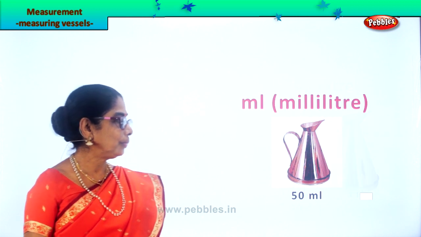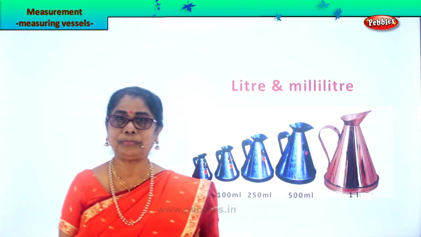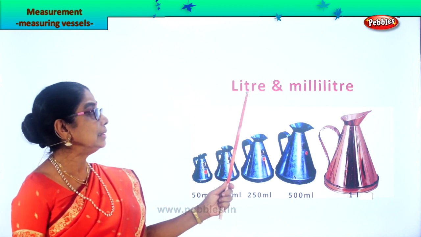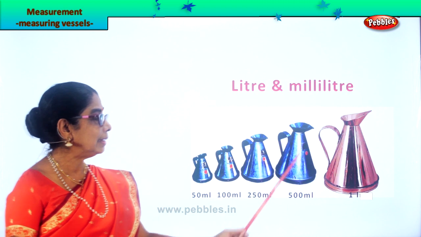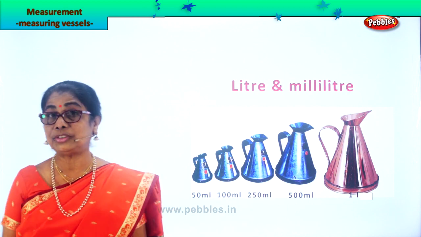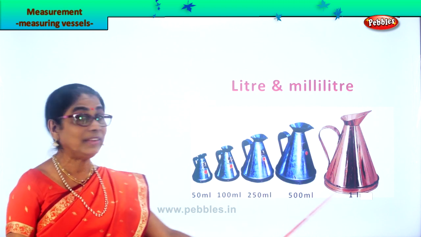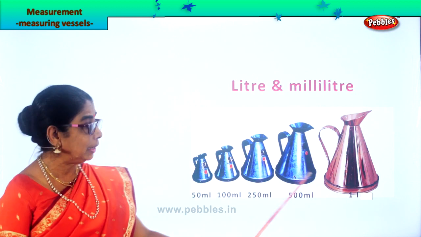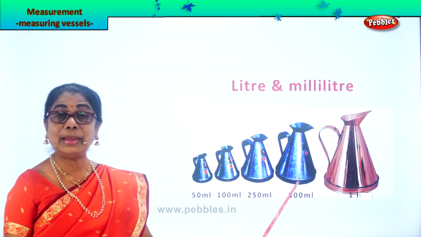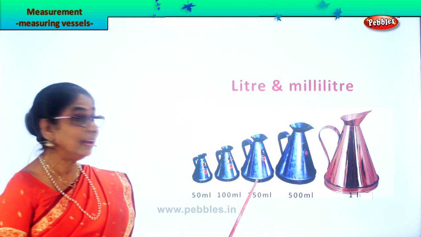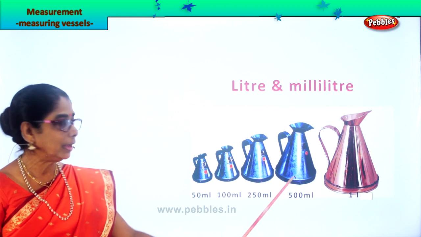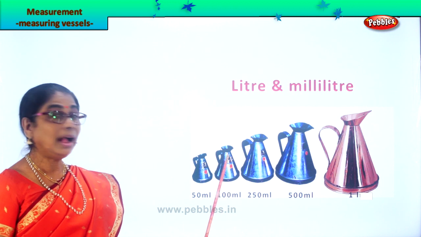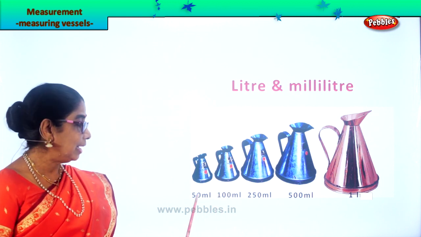Now, let's look at all of them. All the little cans that we looked at. Liter is big, milliliter is small for measuring capacity. So these vessels are very cute, aren't they? In this you can measure 1 liter of any liquid, and in this 500 ml of any liquid, and here 250, half of this, ml of any liquid, and then here 100 ml, and finally 50 ml.